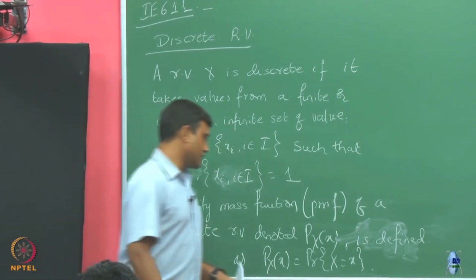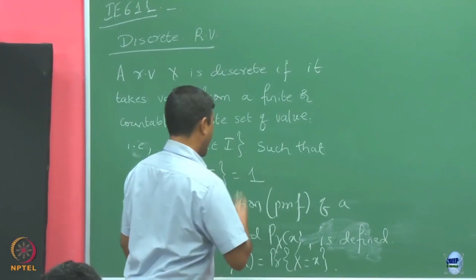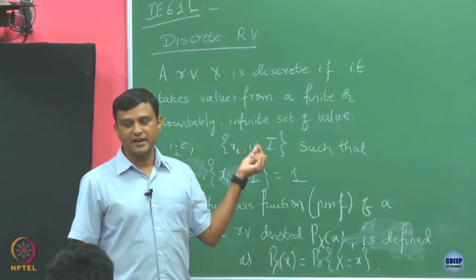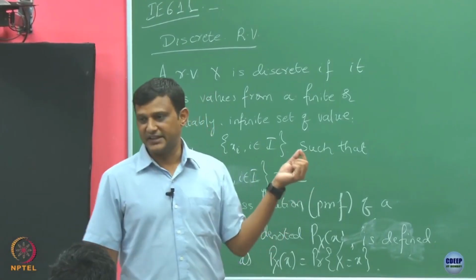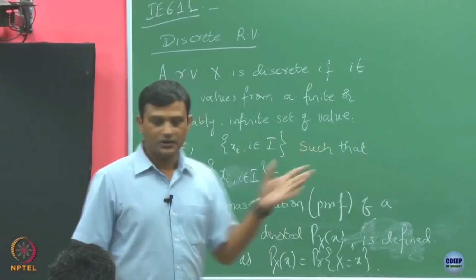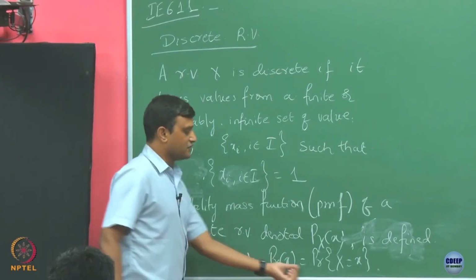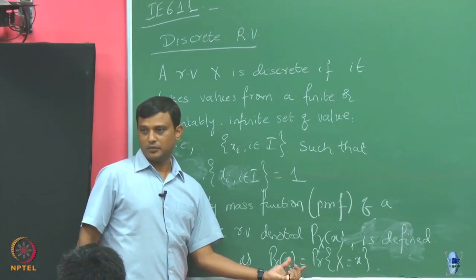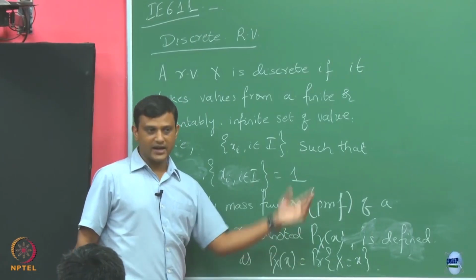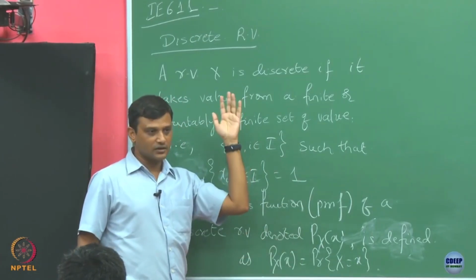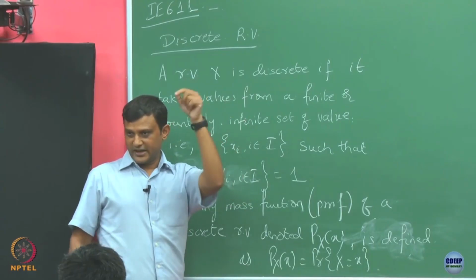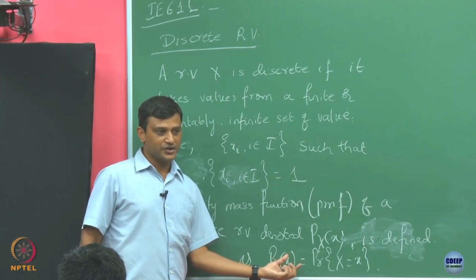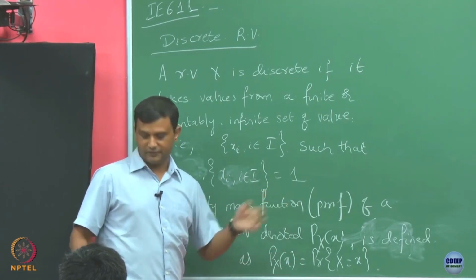So let us say my x takes only 5 outcomes. If I just give the probability for each of the possible 5 values, then I am going to take it as the probability mass function. It could be countably infinite also, but at each of the points, if I have the corresponding probability, that is going to define the probability mass function of that random variable.